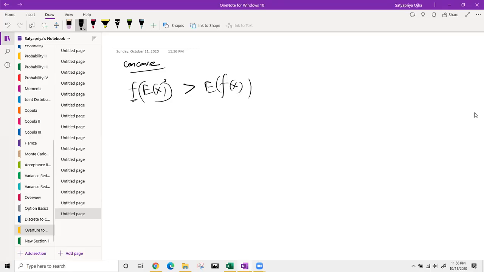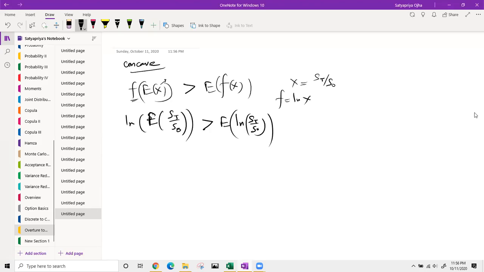Here my x is St by S0, which is a random quantity, and the function is log x. So I can write log of the expected value of St by S0 will be greater than the expected value of log St by S0.